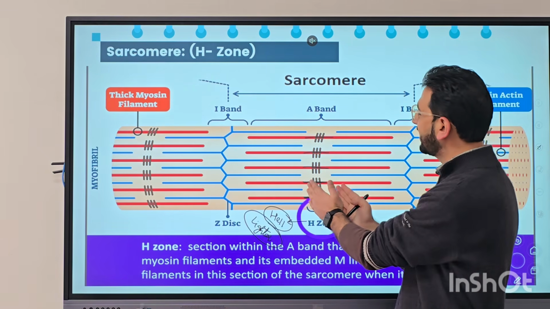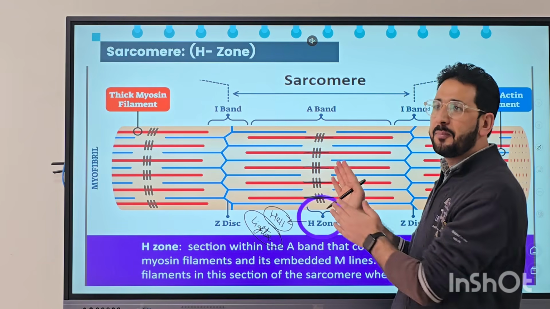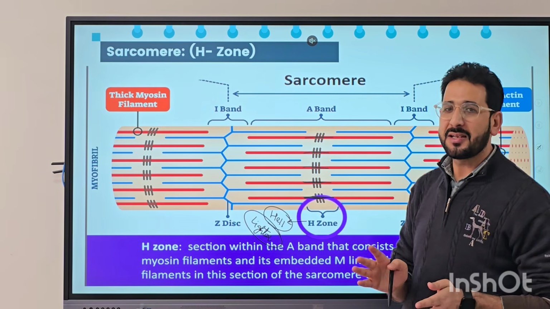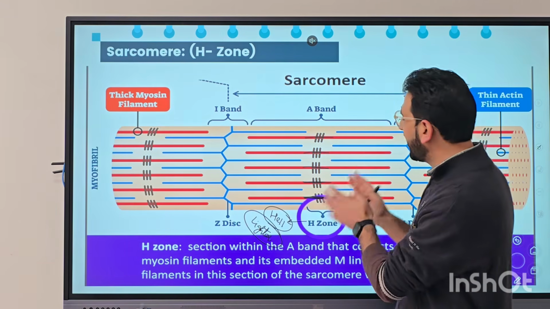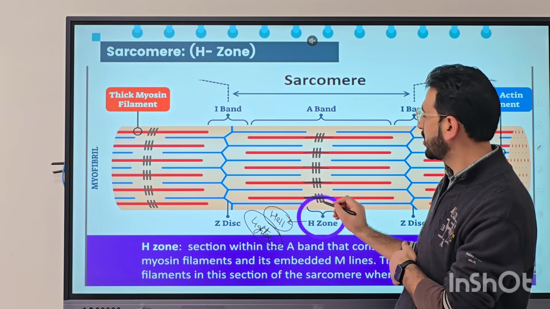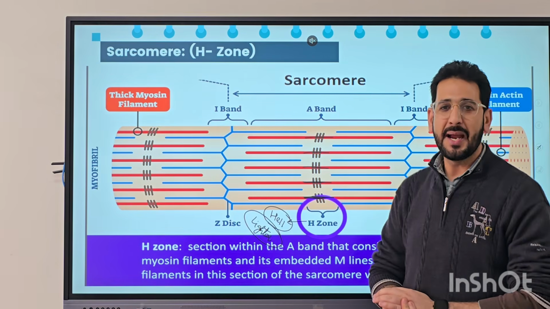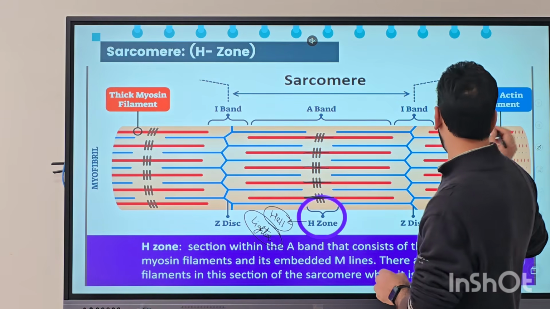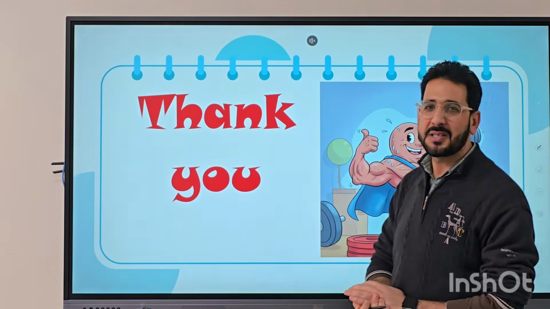So that will decrease this H zone. This H zone is only in the relaxation phase, and in the relaxation phase, there are only the myosin filaments here in the H zone, not the overlapping actin filaments. So that is all about the structure of skeletal muscle.